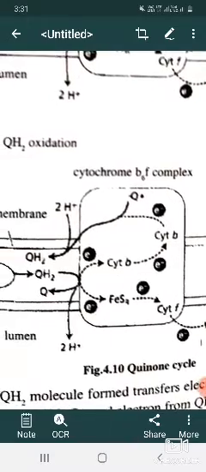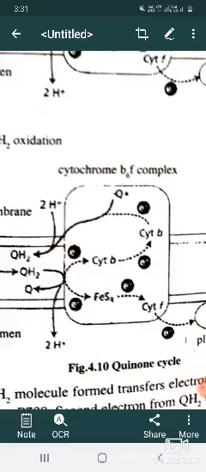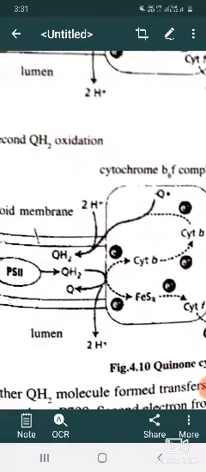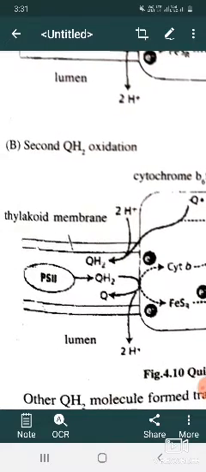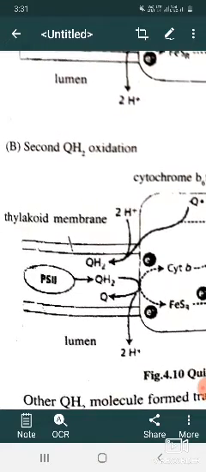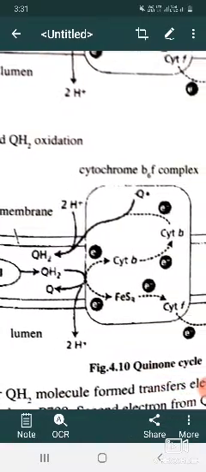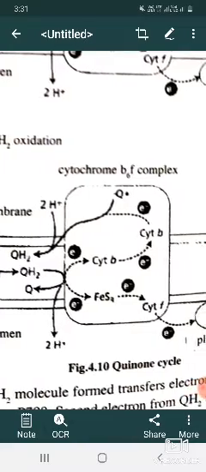The second electron from quinol is transferred through two cytochrome b molecules to semiquinone. Semiquinone is reduced to hydroquinone, receiving two protons from the stroma.